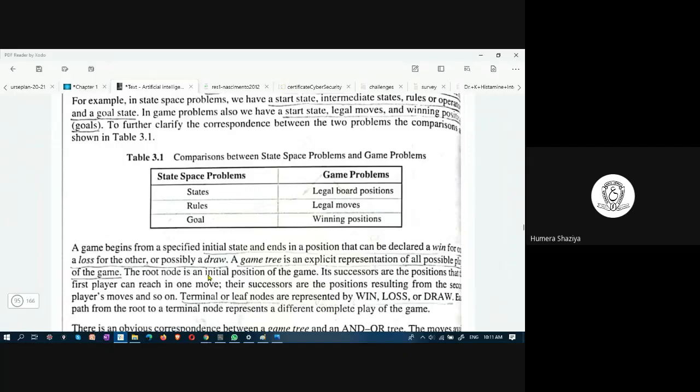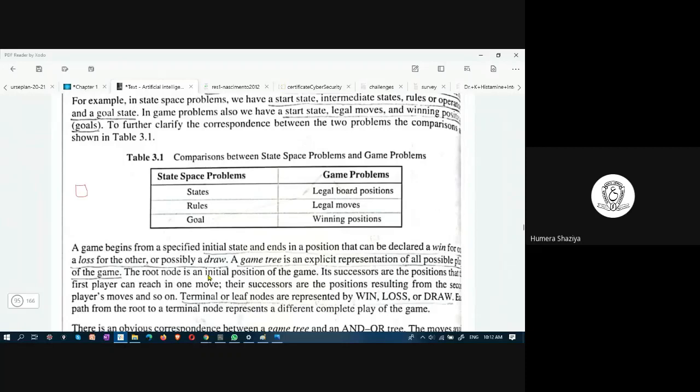States, for instance, in a water jug problem, when we have a 5-gallon jug and a 3-gallon jug, if the 5-gallon jug is full of water and the 3-gallon jug has 1 gallon of water, that is one kind of state.